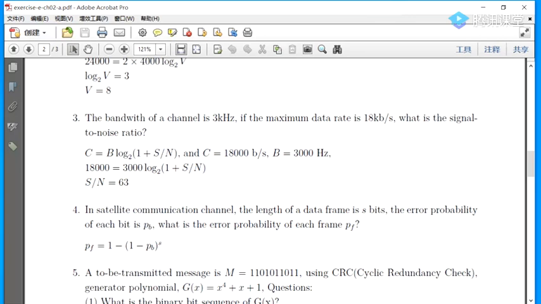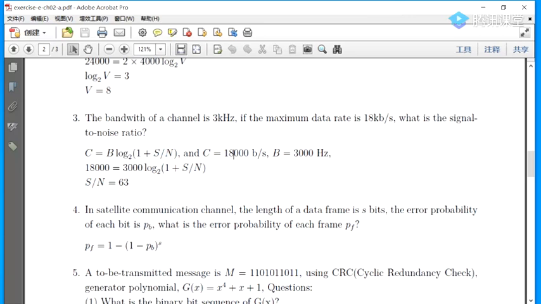Shannon's theorem tells us that the capacity C, the maximum data rate, equals B times log 2 of 1 plus S over N, where S over N is the signal to noise ratio.